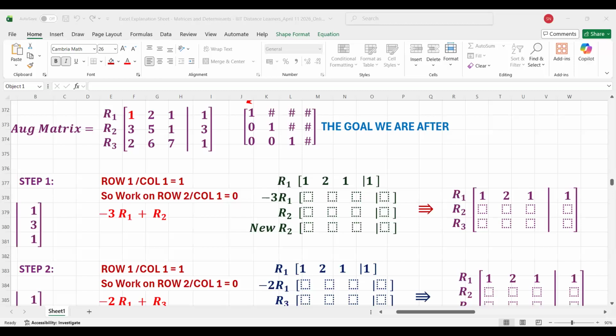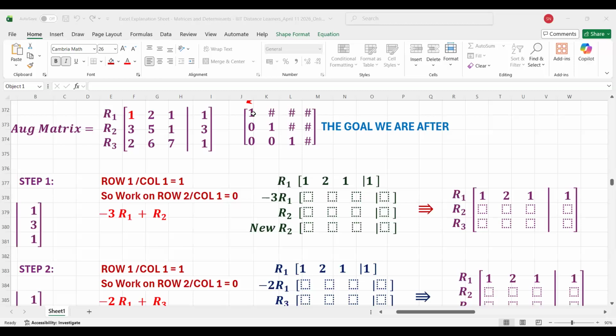Sir, please, why are you having 1? Okay, it's because row 1, column 1 is the same. You see the first row, look at what you are supposed to do.